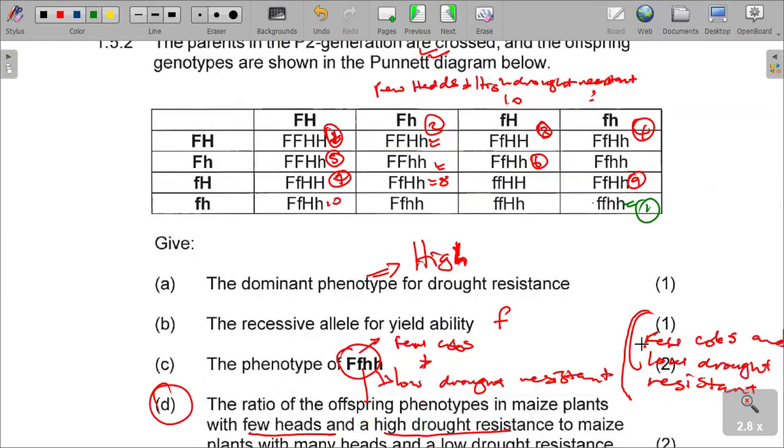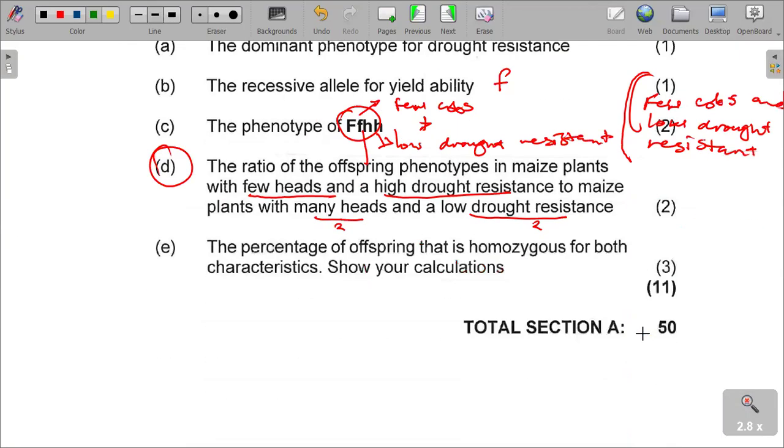So we can get our answer as to say it is 10:1. This ratio can be given as 10:1. This answer is calculated based on the Punnett square.